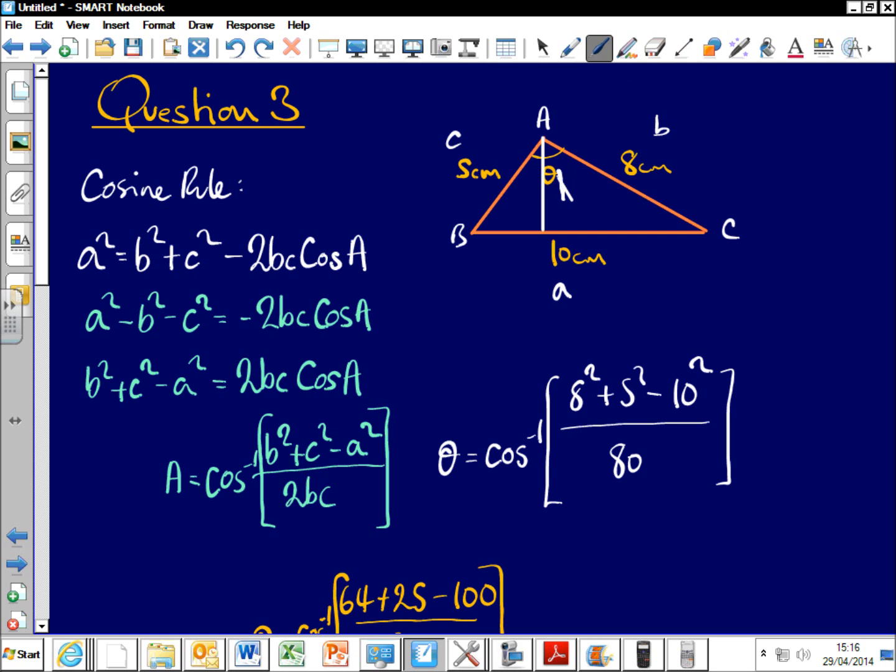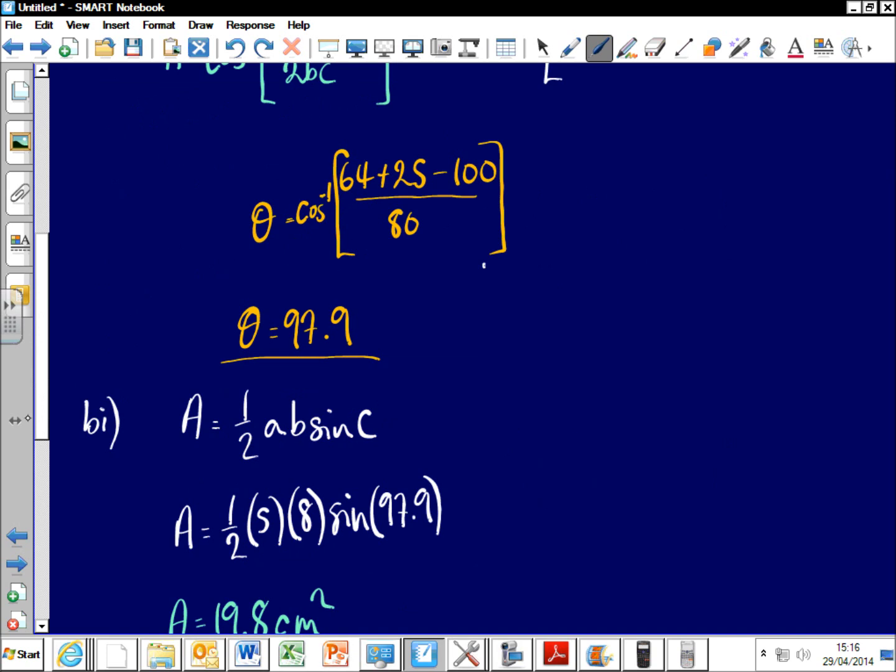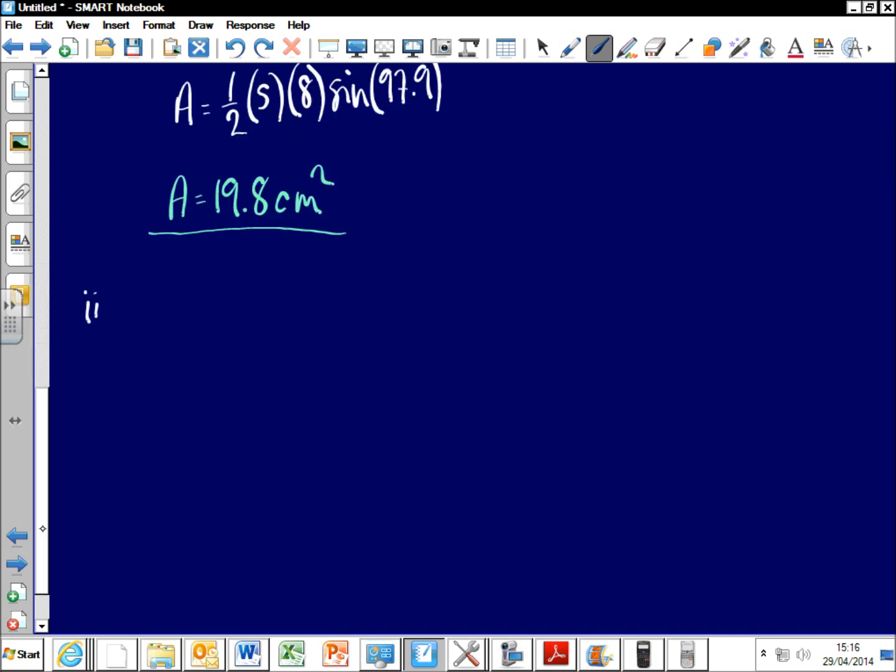Okay. So when you're doing your GCSEs, the area of a triangle is half the base times the height. Okay. So half the base is 5. So what we should be saying is this: 5 times the height should be equal to 19.8. Is that true?